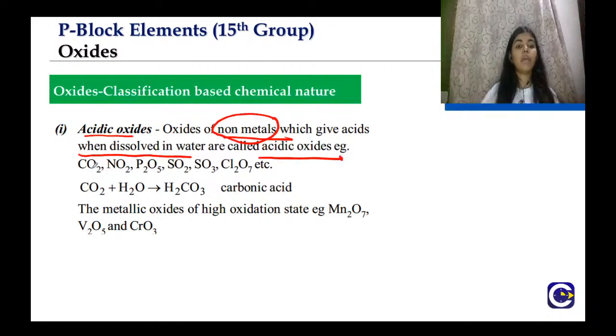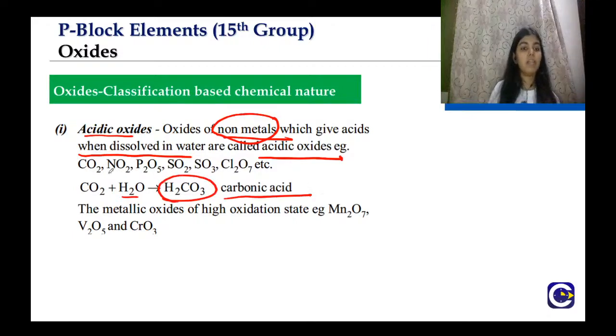They have an acidic nature because they give acids in water. CO2 plus H2O gives H2CO3, which is carbonic acid. Similarly, NO2, P2O5, SO2, SO3, Cl2O7 are all acidic oxides because on dissolution in water they give acids.